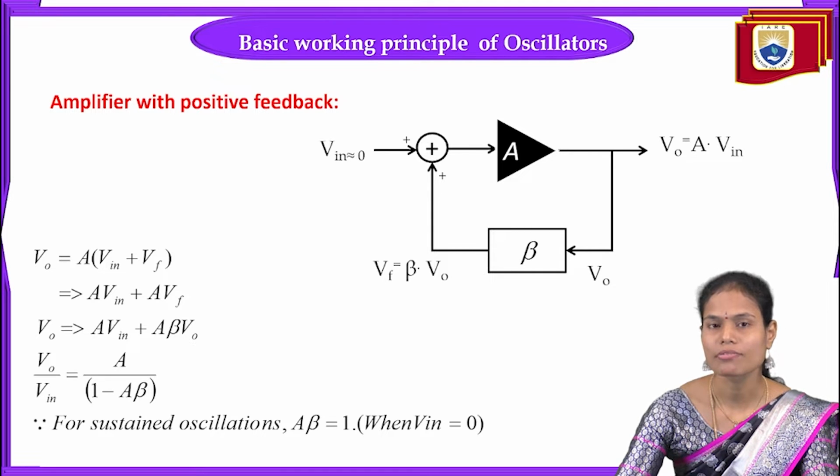For the oscillator, we are not providing any input signal. Whatever supply voltage we provide, by using the supply voltage only, it gives the output signal in the form of different waveforms, which may be sinusoidal or non-sinusoidal.